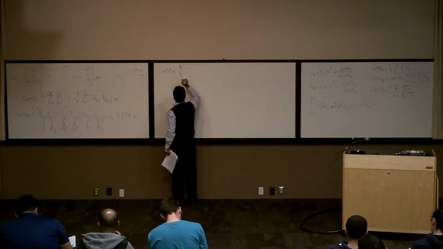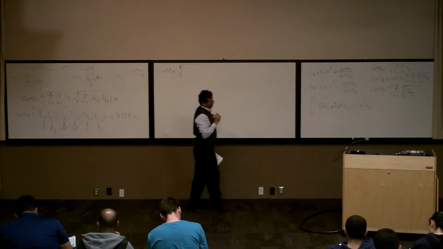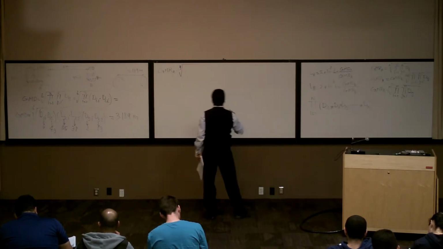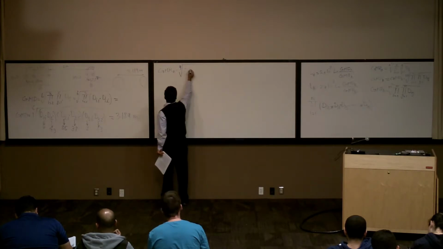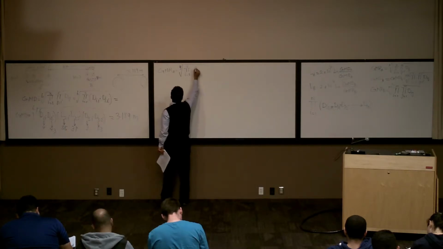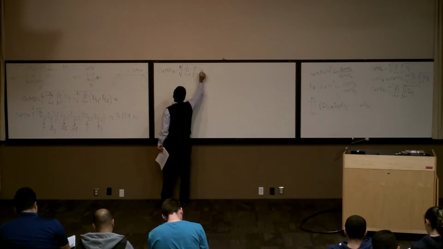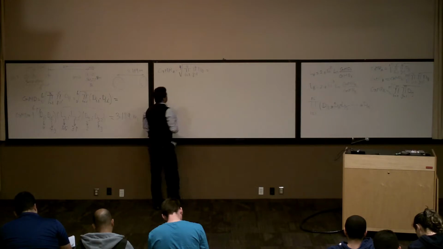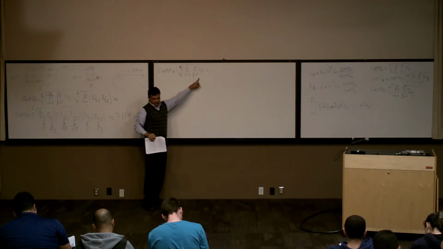Now I'm going to write it here first. It's going to be the product for i from 1 to 3, the product for j from 1 to 3 of dij. So I'm going to write this one first, right?